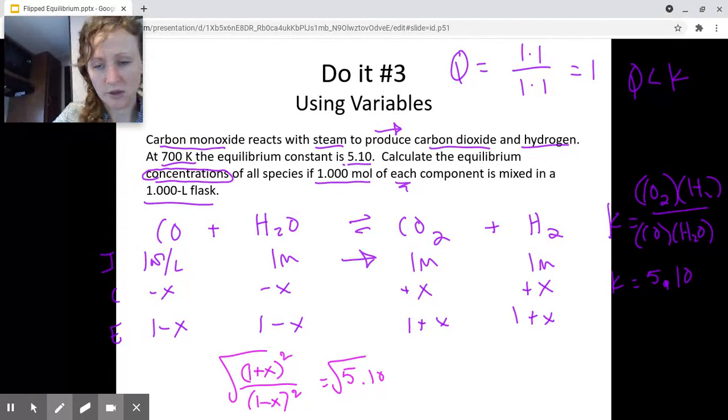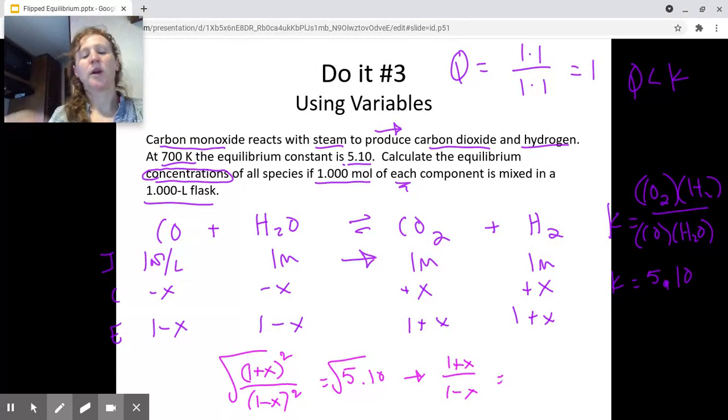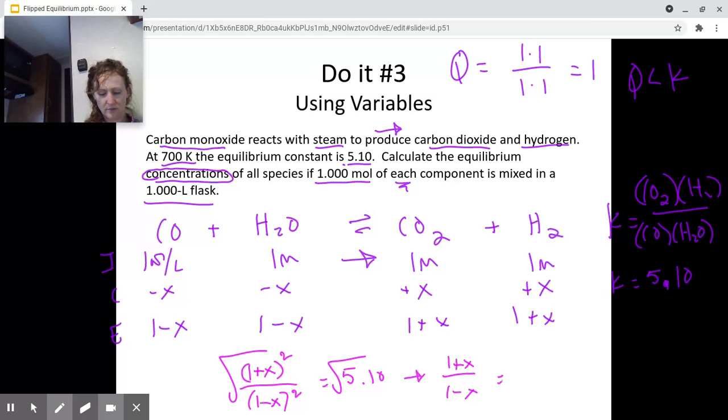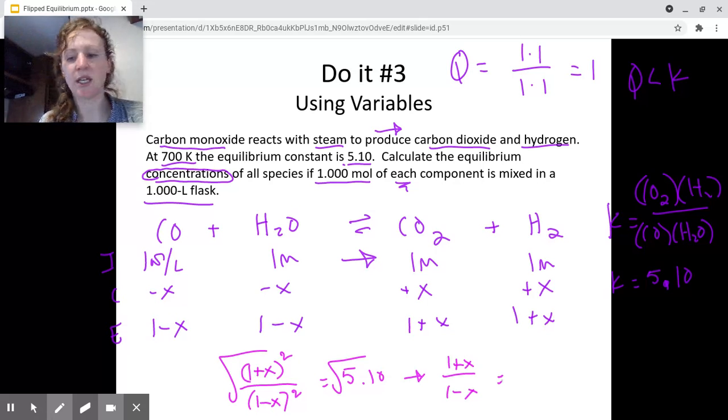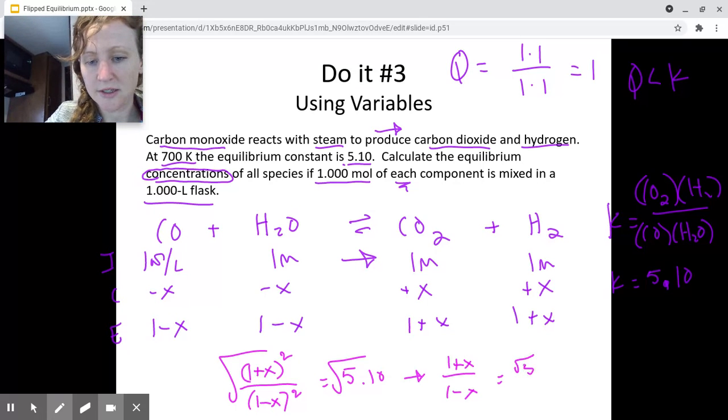So this whole expression becomes 1 plus x over 1 minus x equals the square root of 5.1. That's an ugly decimal, so I'm just going to keep that in my calculator and write it as the square root of 5.1 because that's faster.